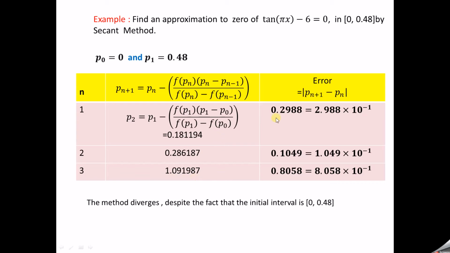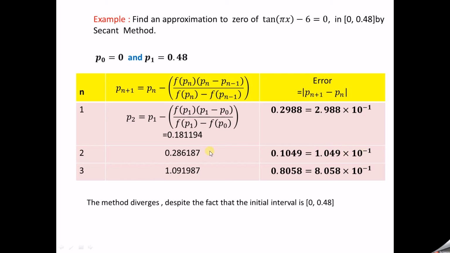Now if you observe the errors, the first error, the difference P2 minus P1, is of order 10 power minus 1. Next, P3 minus P2 is this error. From here to here, the error is decreasing: 0.988 times 10 power minus 1, then 1.0149 times 10 power minus 1.